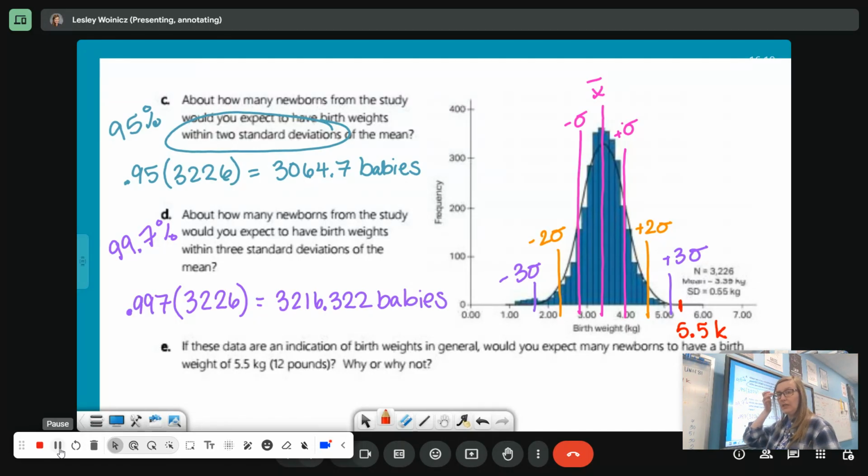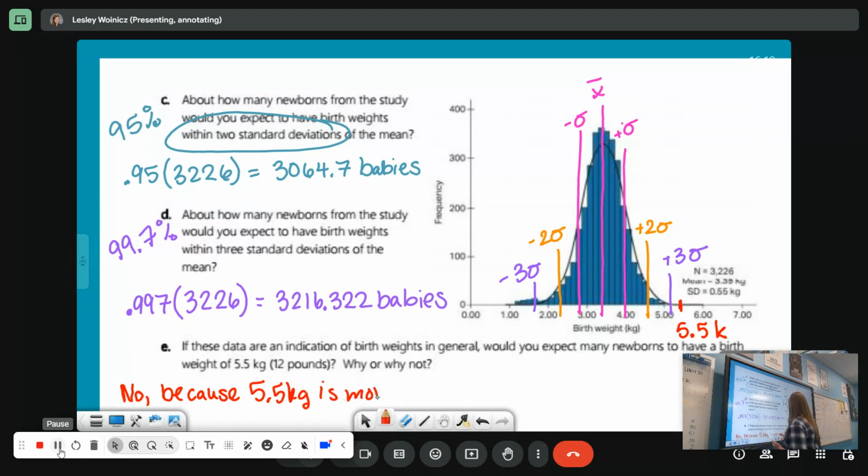So it's extremely unlikely that a baby would have that weight. No, because 5.55 kilograms is more than 3 standard deviations above our mean.